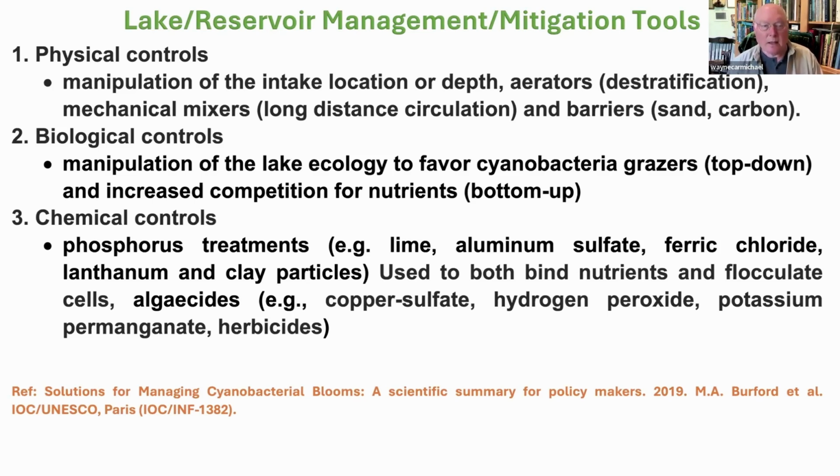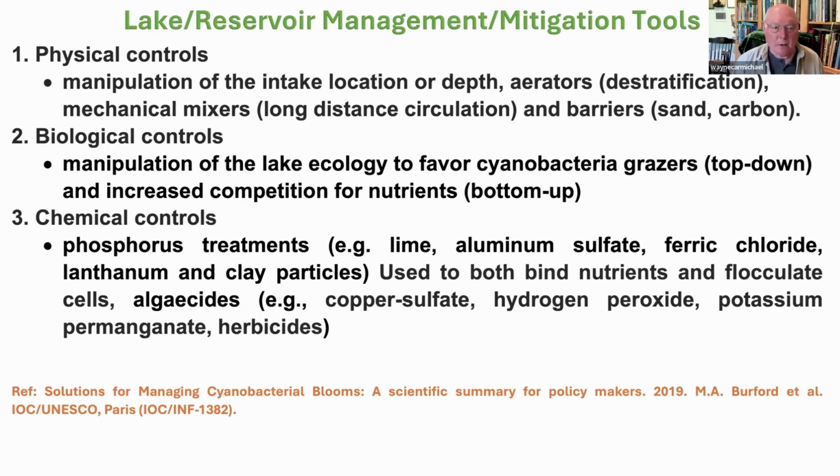Biological controls really come down to how you manipulate the lake ecology to favor the grazers and reduce the cyanobacteria, a top-down effect, and increase competition for nutrient utilization by other organisms, not just cyanobacteria, a bottom-up control. What is typically used in management and attempts at mitigation, though, are chemicals.